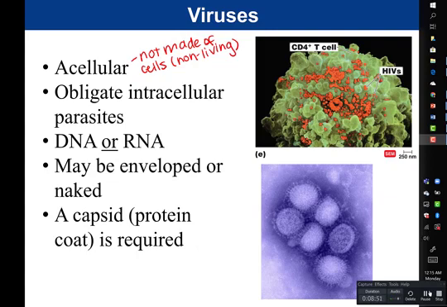Now, the advantage that gives the virus is that it helps it to evade the immune system because the outside of the virus looks very much similar to the host cells. And so it's more difficult for the host to respond because it's having a more difficult time recognizing that the virus is within the cells.